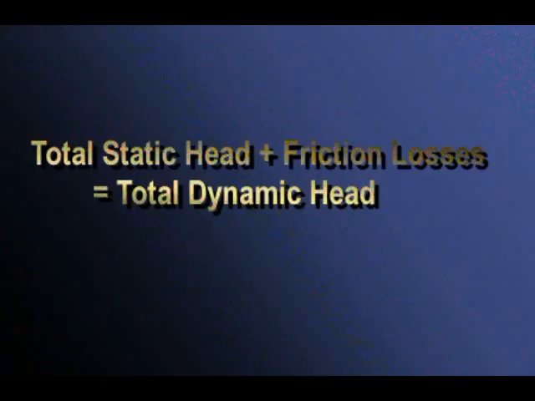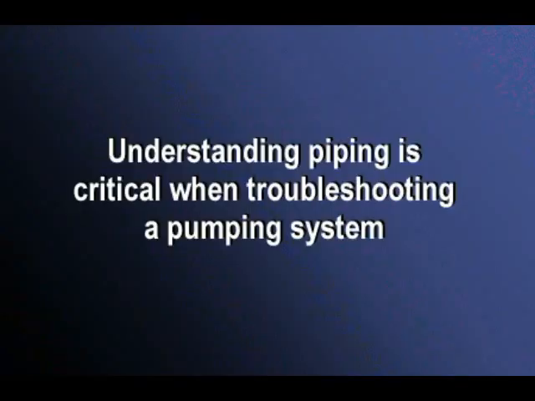The total head shown in the diagrams is actually the total static head. In reality, the pump has to work harder to overcome friction losses in the piping and valves. This friction loss is added to the total static head to obtain the total dynamic head. The design-related points about suction and discharge piping, which were discussed, are ones that should be considered when troubleshooting a system.